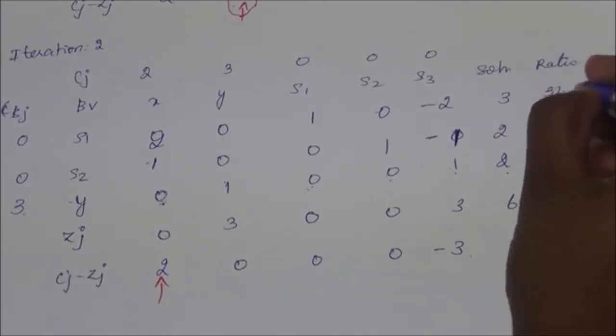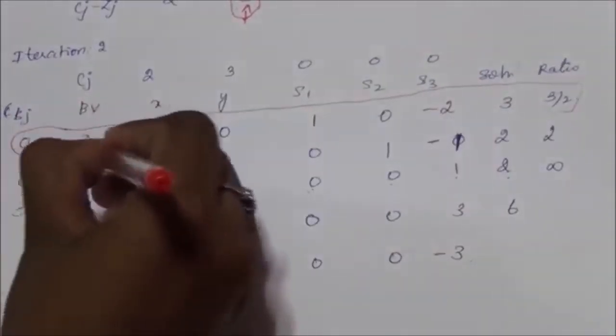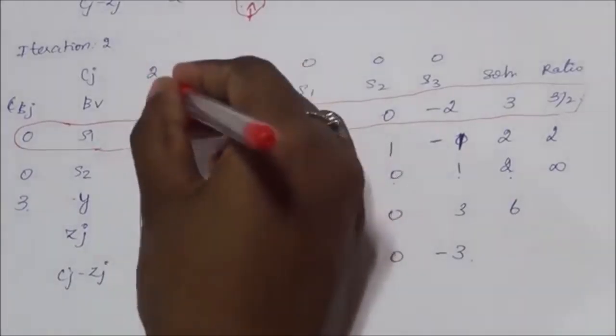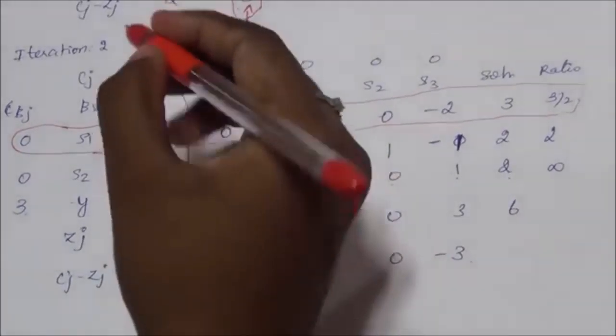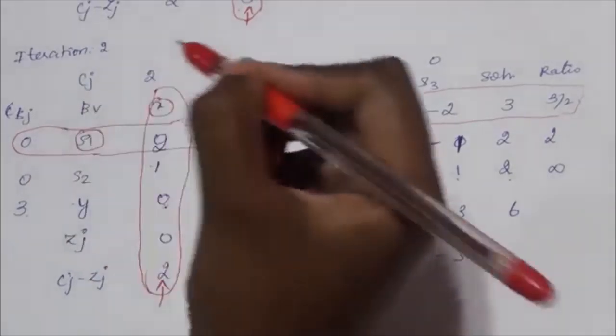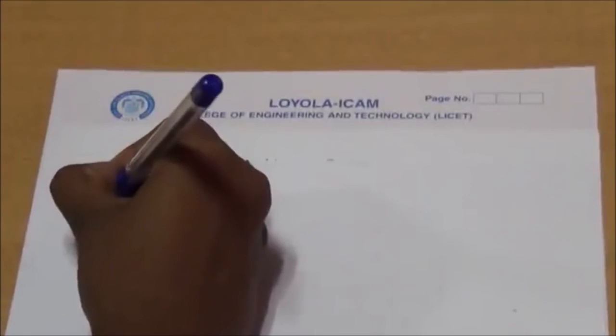So the minimum value here is 3 by 2. So this will be the corresponding pivot row, and this is the pivot column. So here the entering variable is x and the leaving variable is s1. So we go for the next iteration. This is iteration 3.